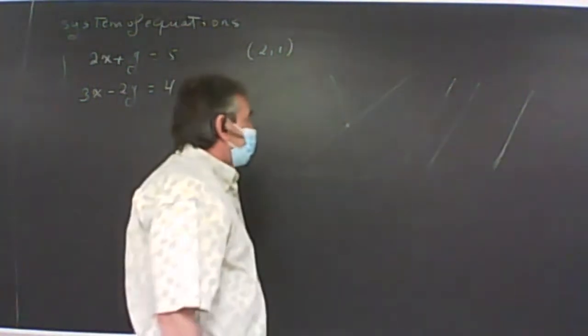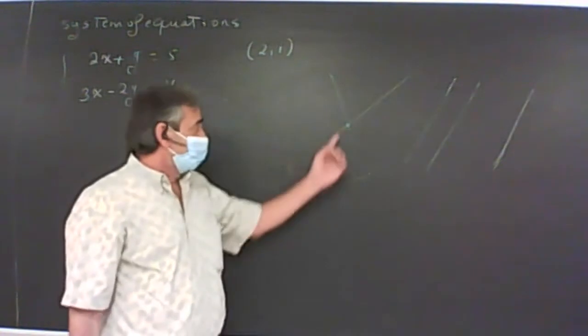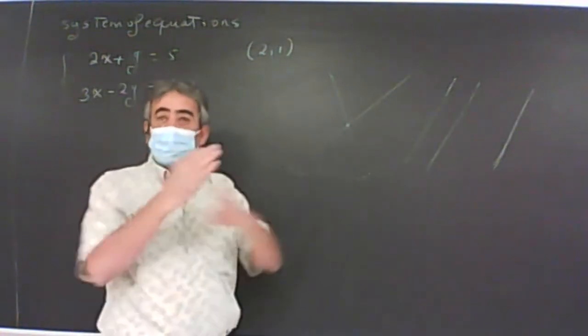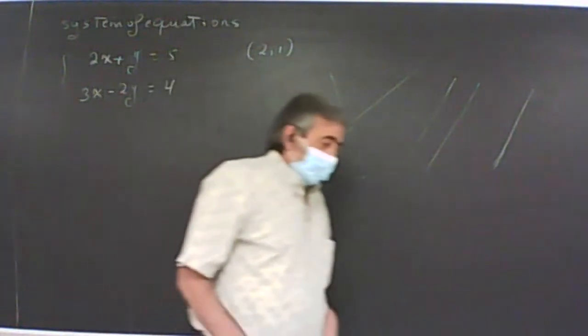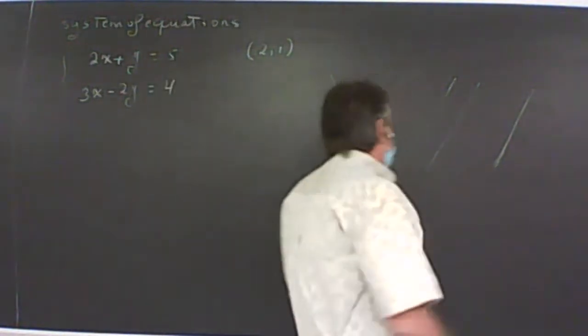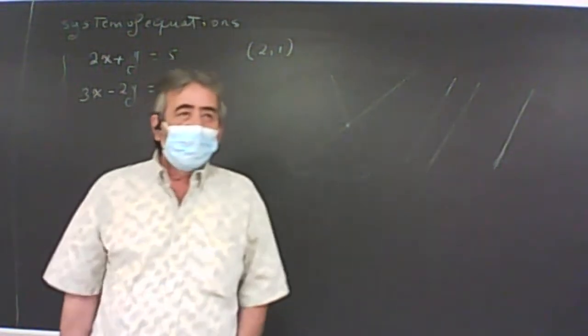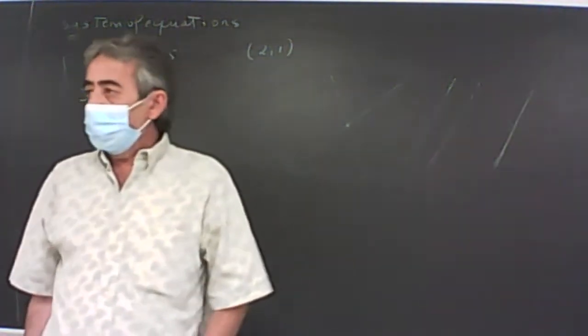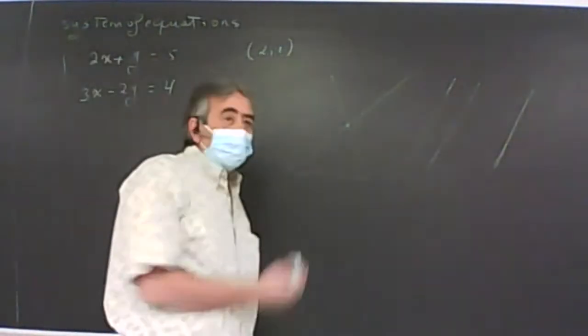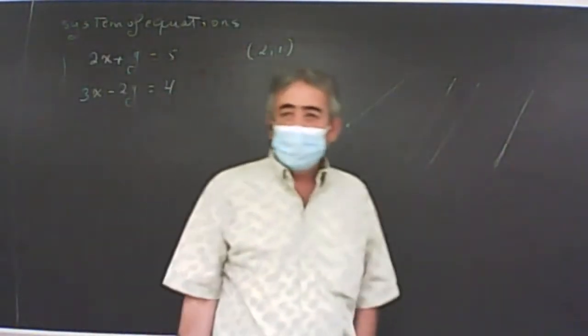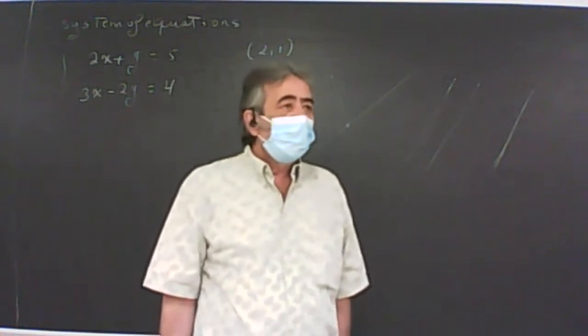Okay? So in this case, when we have linear equations, we could have one solution where both lines intersect. We could also have scenarios where both lines are parallel to each other. And if they are parallel to each other, that means those lines will never meet, and therefore they will have no point of intersection.